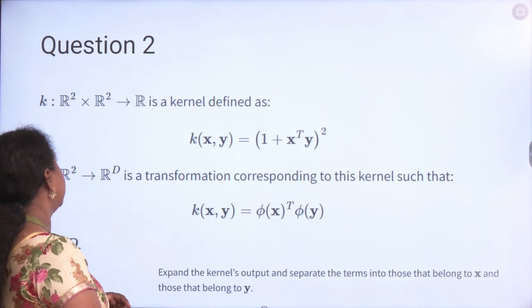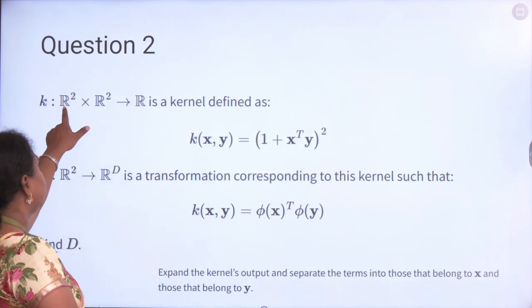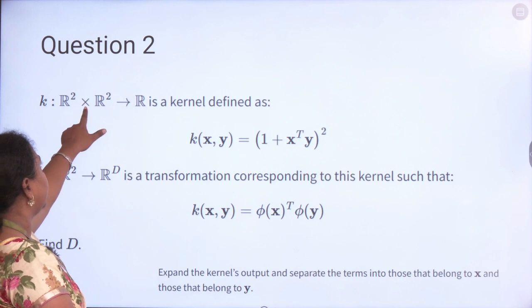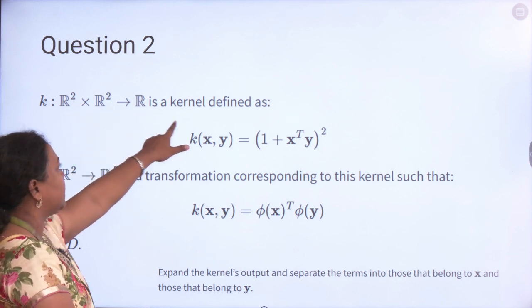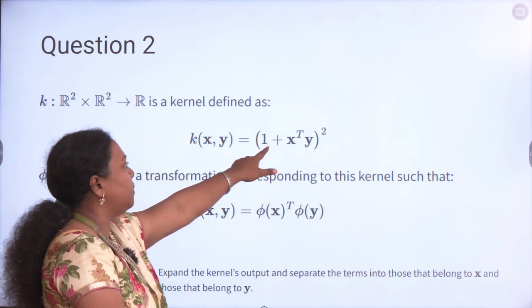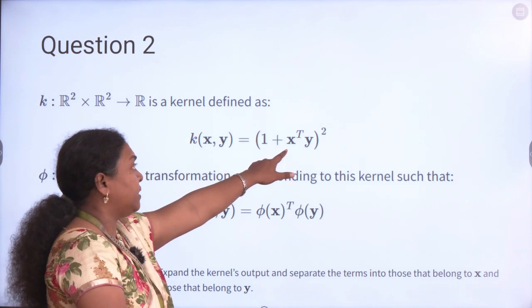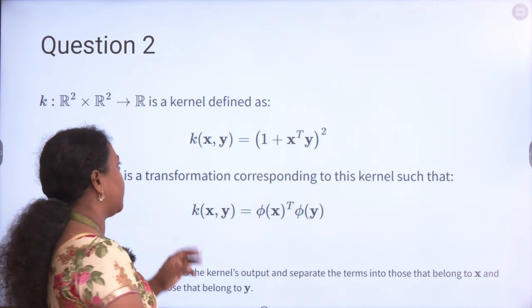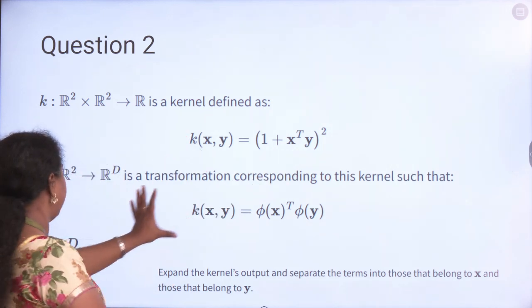So the second question. The kernel function, defined on R squared times R squared to R, is given as k(x, y) = (1 + x^T y)^2.